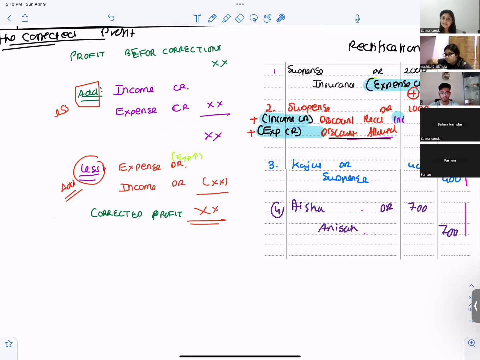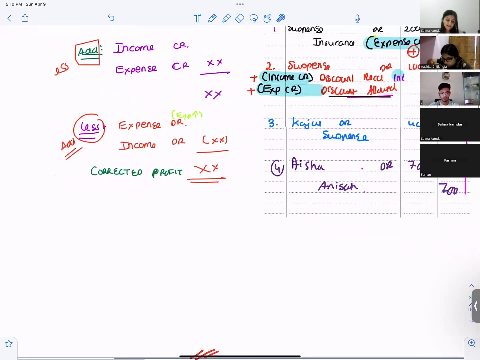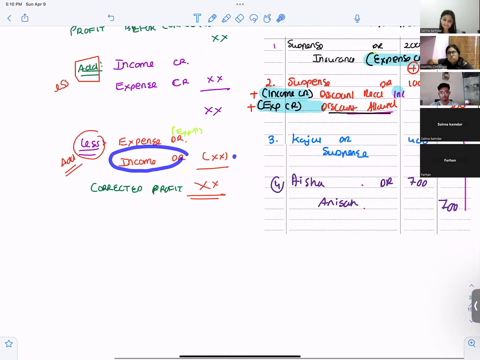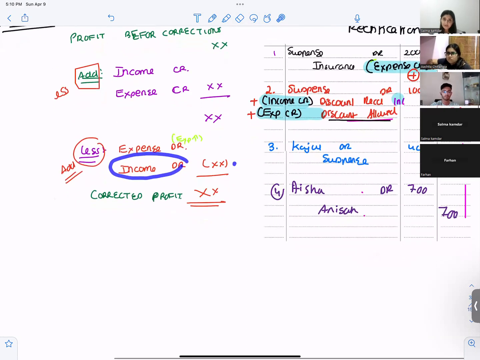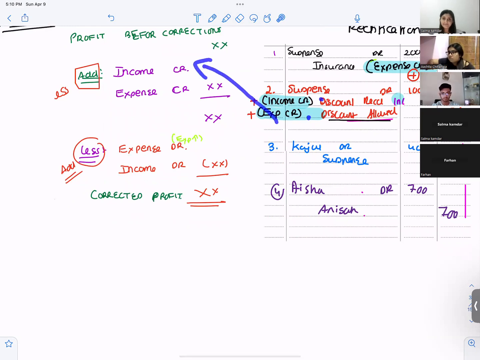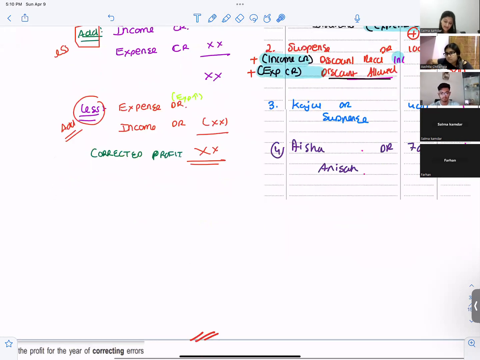And anywhere where you see your expense is debit or income is on the debit side, you will subtract it. So over here, all three are falling in the add category. So you have to add it.